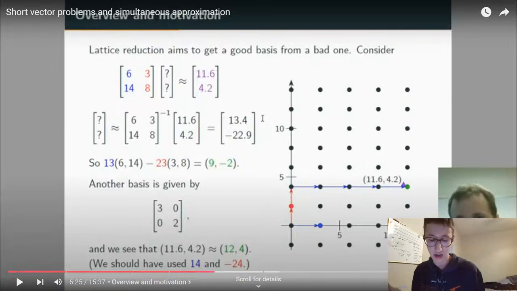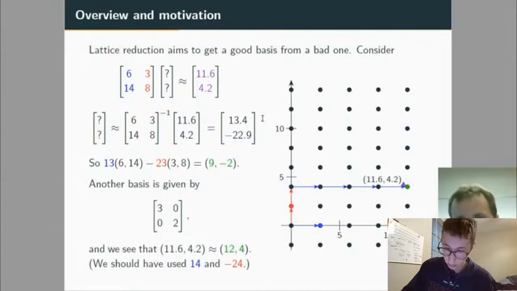But of course, we didn't know that, because there's no way to say that rounding up or down would give you the right coefficient. You can see that in n dimensions, you already have an exponential number of choices, 2 to the n. So this problem gets hard as the dimension increases.